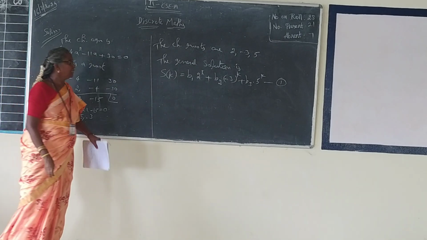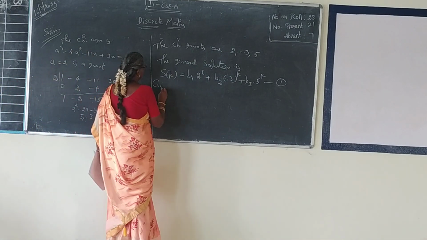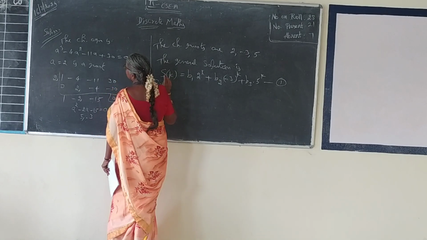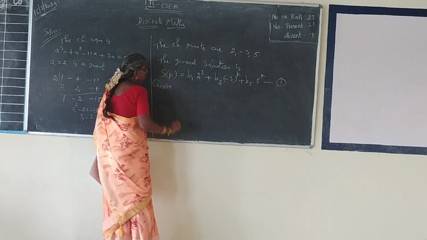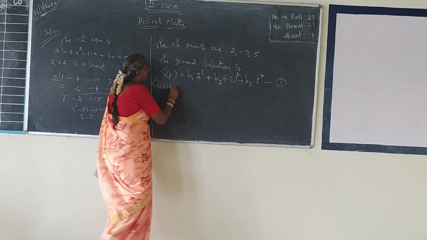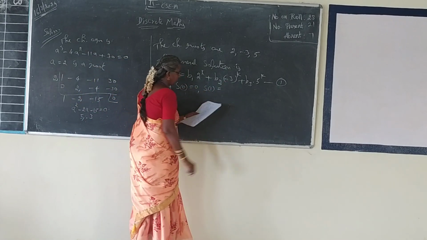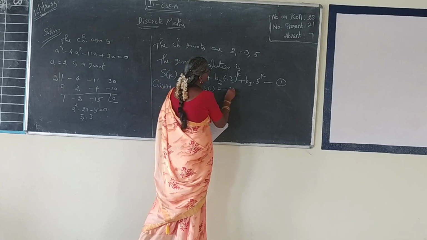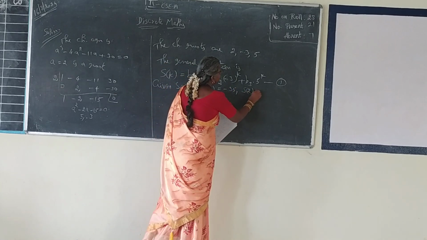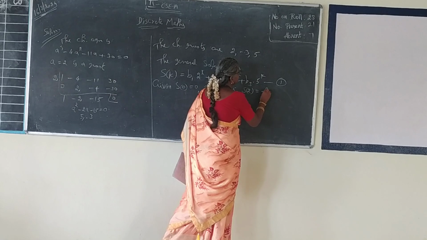Next, as per the question, what are the initial conditions given to you? S of 0 equal to 0, S of 1 equal to minus 35, S of 2 equal to minus 85.